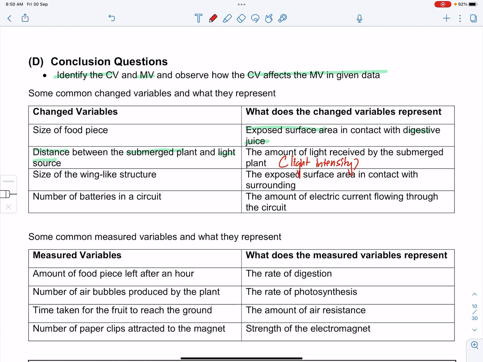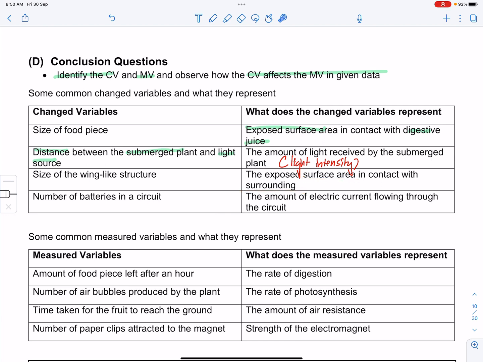You have to learn this. And when it comes to amount of gases, it is volume of gas; for liquid, it is volume, and not amount. So you need to know this. Wing-like structure: exposed surface area with the surrounding.